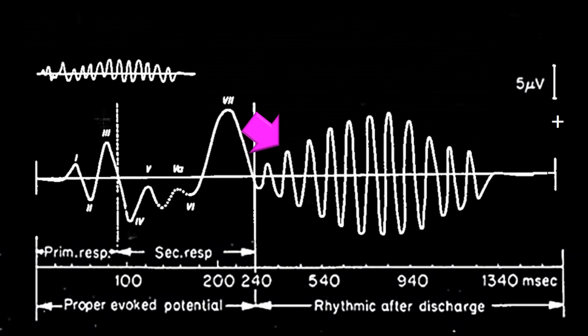The rhythmic after discharges have no clinical significance. The proper evoked potential in this study was present within the first 240 milliseconds of the stimulus, and this is how it usually happens in adults. So in adults, no clinically relevant information is gained by prolonging the study longer than 250 milliseconds.